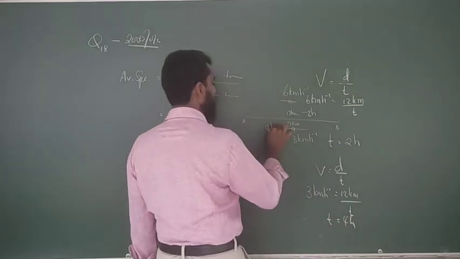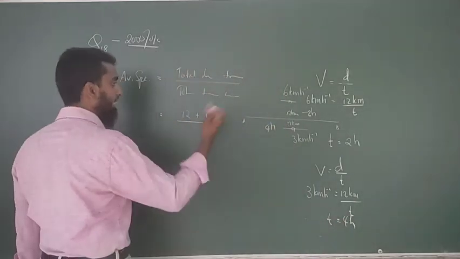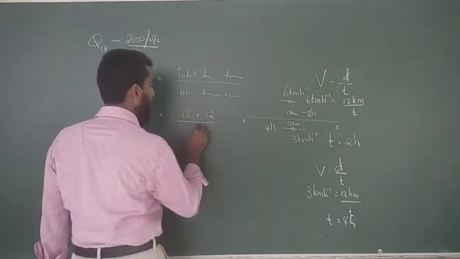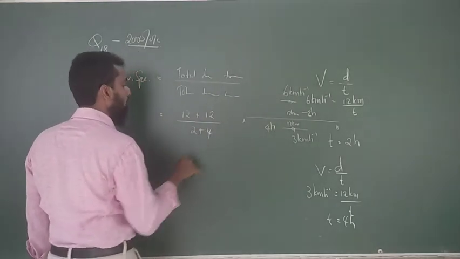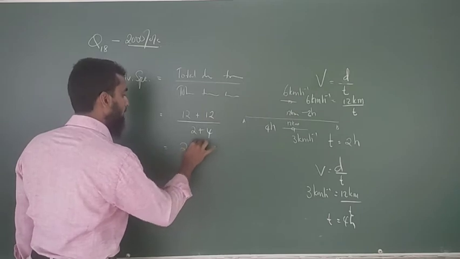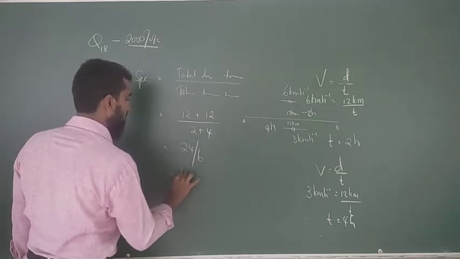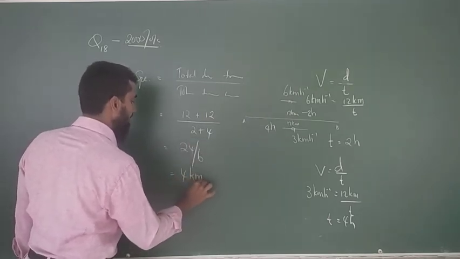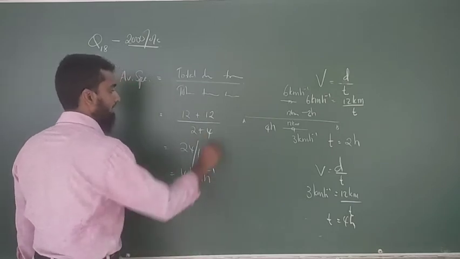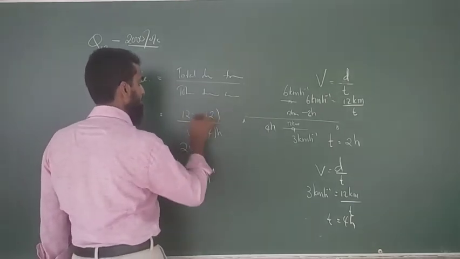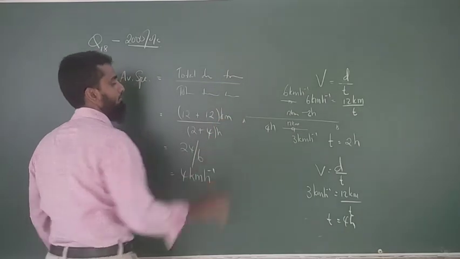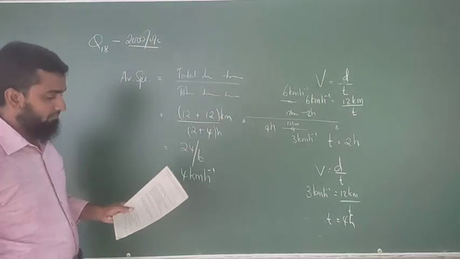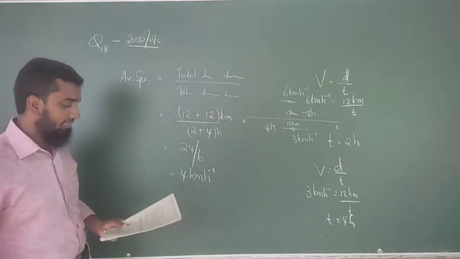Then for the return motion it's 4 hours. Then the total time taken is going to be 2 plus 4. Then 24 divided by 6 is going to be equal to 4 kilometer hour minus 1. This is in hour, this is in kilometer. Answer is second.